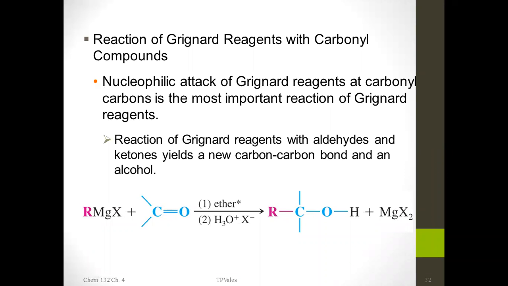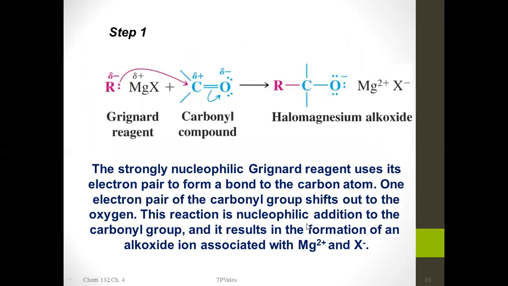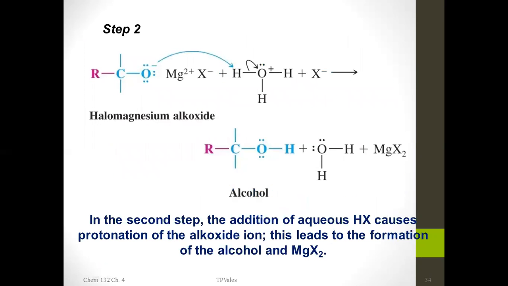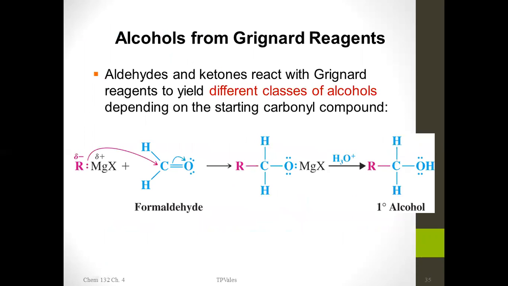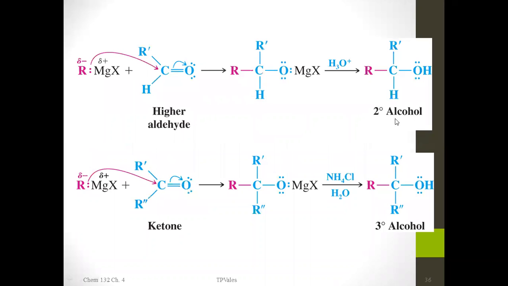That was for a carbonyl compound to produce your alcohol, with a higher number of carbon atoms. So aldehydes and ketones react with Grignard reagents to give different classes of alcohols depending on the starting carbonyl compounds. Depending on your carbonyl compounds, you can get a 1-degree alcohol, a 2-degree alcohol, or a 3-degree alcohol.